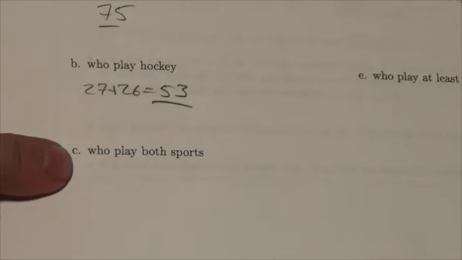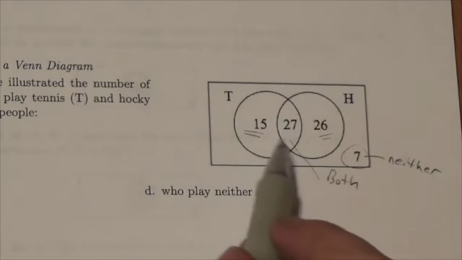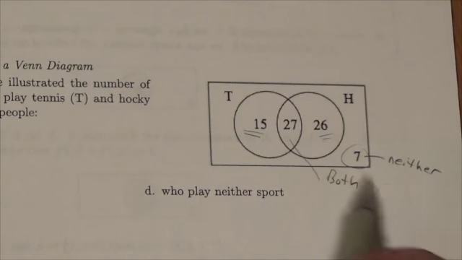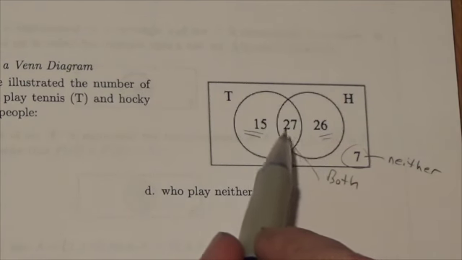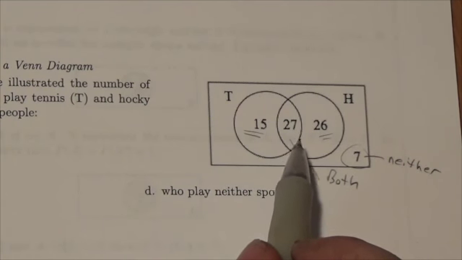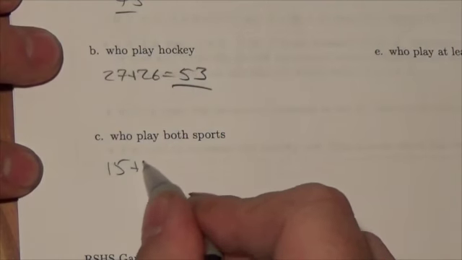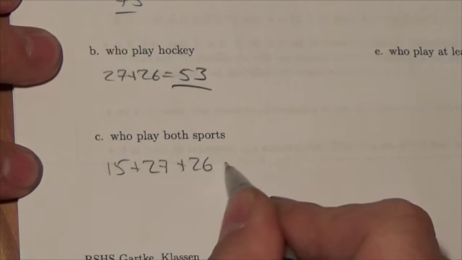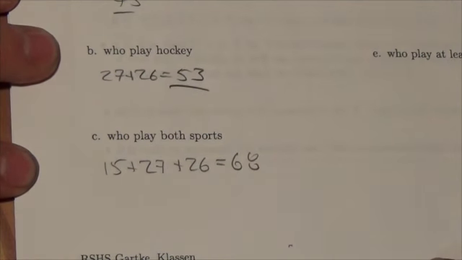How many people play both sports? Well, that's got to be everybody in these 3 particular sets: people who play just tennis, just hockey, and both tennis and hockey. So that one is simply going to be the sum of 15 plus 27 plus 26, and the answer in this case is 68.